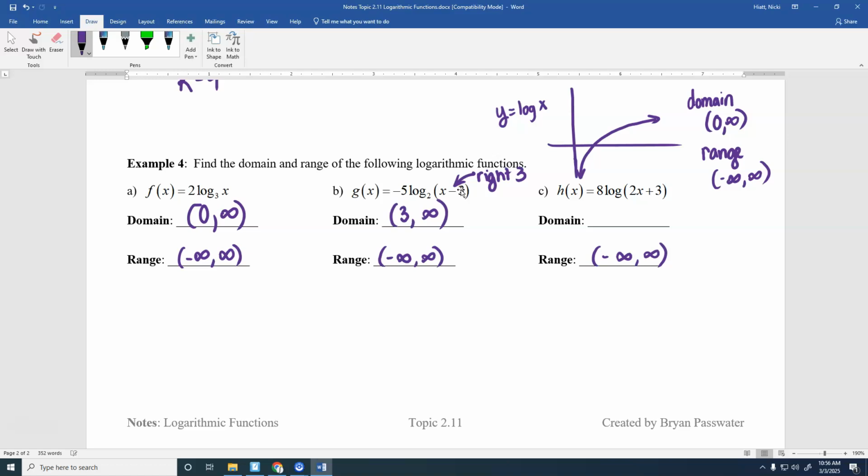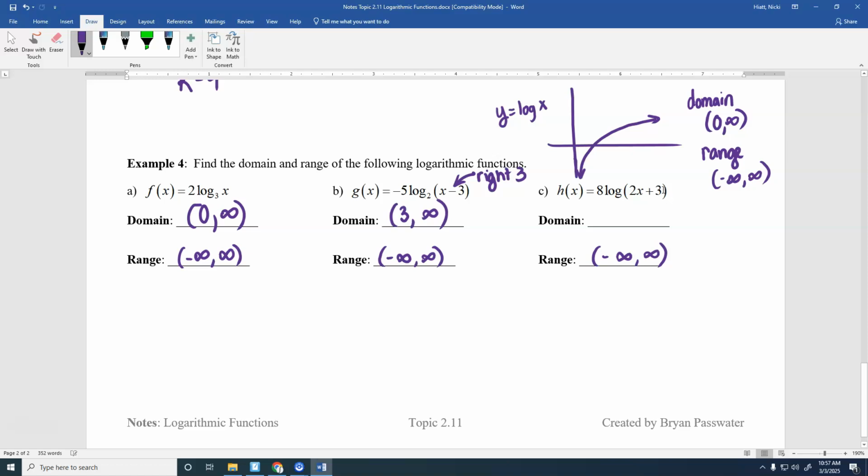So, the expansion or compression does not change your domain, but it does have to be considered whenever you're talking about what's going on right here, because this does not move to the left 3.